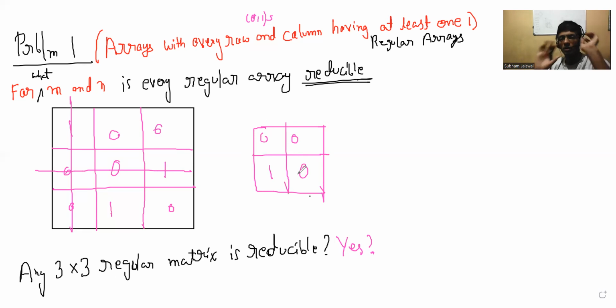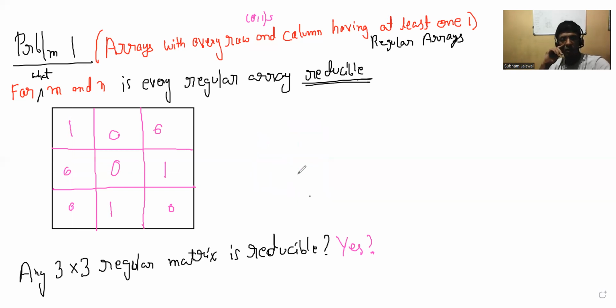The whole question is to get a 2 by 2 regular matrix. Further reduction is not being asked. That is also possible, obviously, from what we have proved, but that's not being asked. But you see, this does not work. So can anybody give a good reduction of this? Everybody sees this?